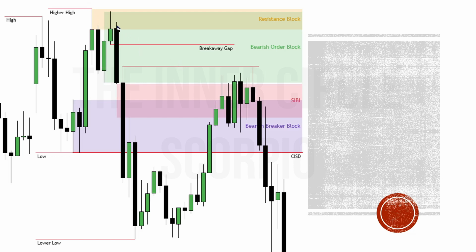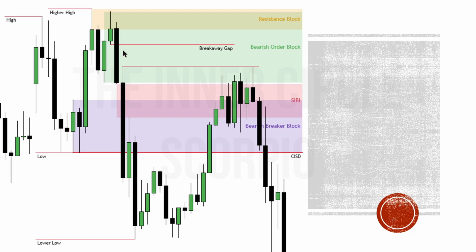Many people can argue that we made a low, a high, a lower high, lower low, and lower low one more time over here, and this would be a bearish mitigation block as well. Totally up to you. This thing is pretty subjective. You can find it everywhere.